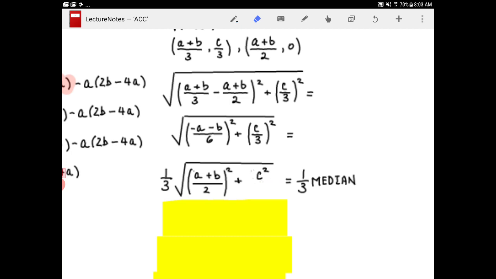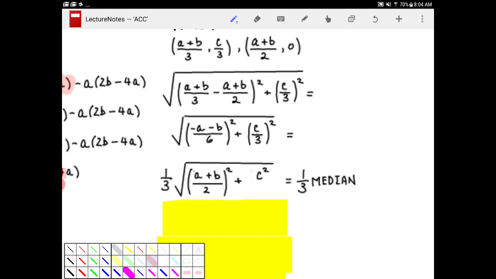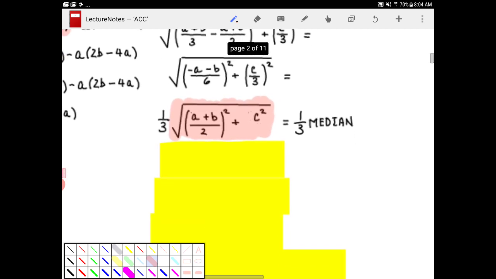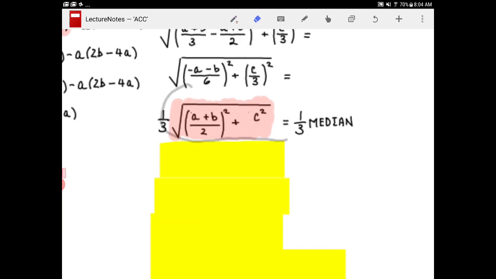And as it turns out, this expression, wasn't this the median? Right? So as it turns out, yes, it is true. The centroid is indeed 1/3 of a median away from the base. So by doing this, we've accomplished our proof.